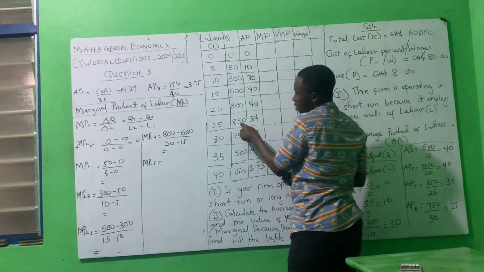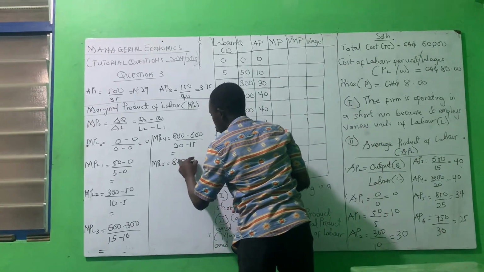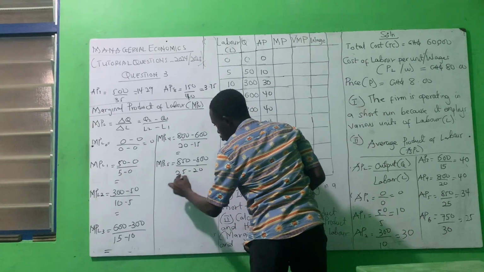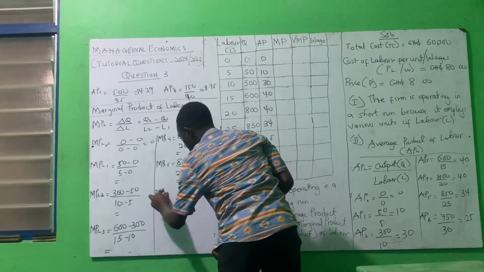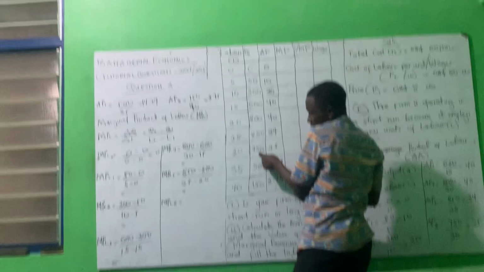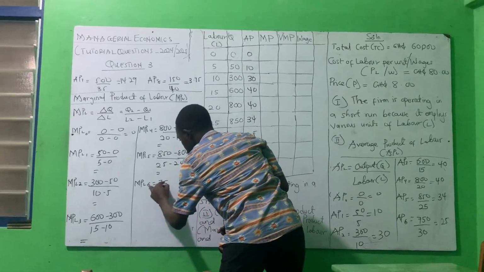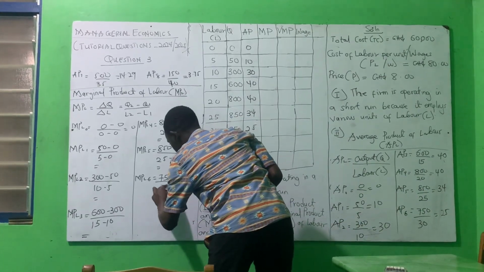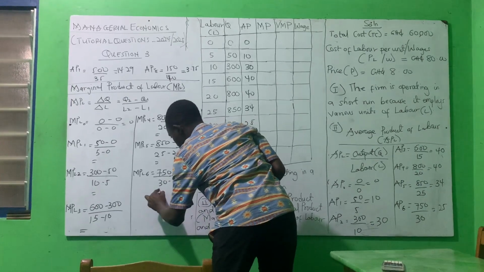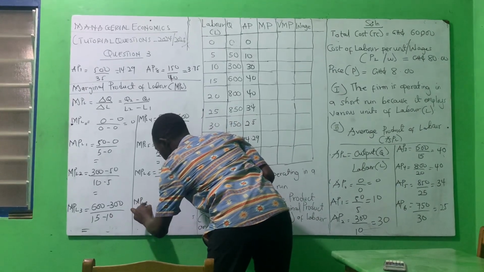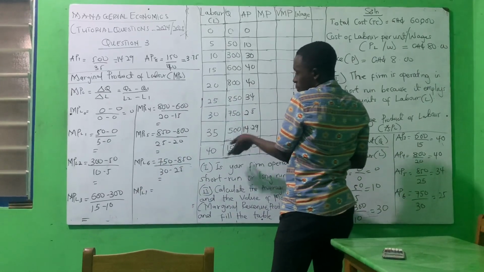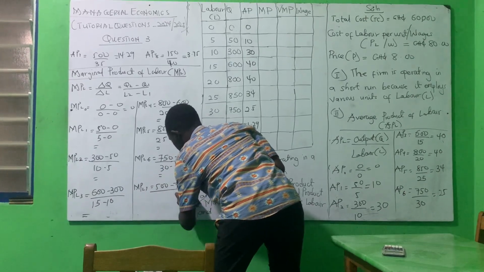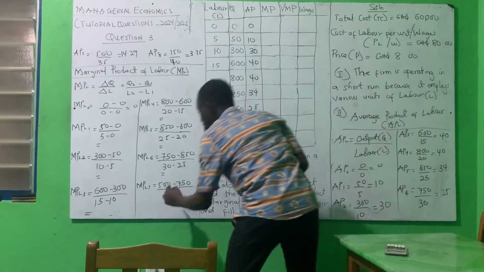Then 850 minus 800 over 25 minus 20. MPL6: 750 minus 850 over 30 minus 25. MPL7: 500 minus 750 over 35 minus 30.